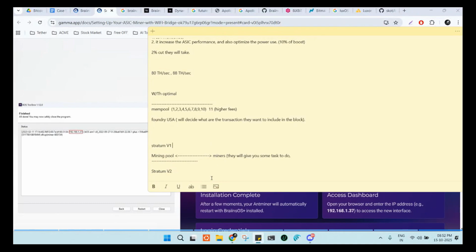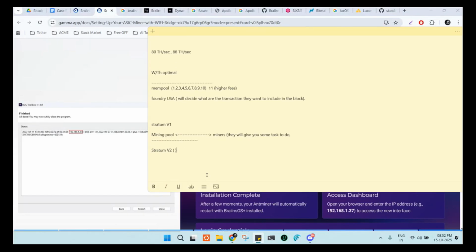But in Stratum V2, they have done some optimization. There are three main communication protocols, which we will discuss in the next session maybe. But just for understanding, say Foundry USA updates Stratum V1 to Stratum V2. So maybe tomorrow Foundry USA says we also support Stratum V2.